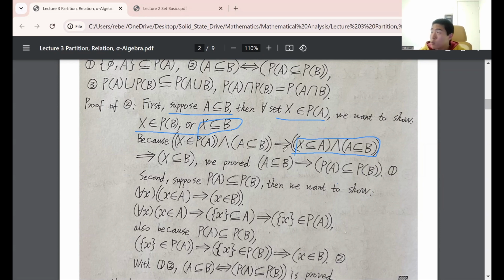Or maybe you cannot say transitivity because you don't know it yet, which means X belongs to A and A belongs to B, then X must belong to B. So every set in P(A) is actually in P(B). So we proved this relationship, and it's true.